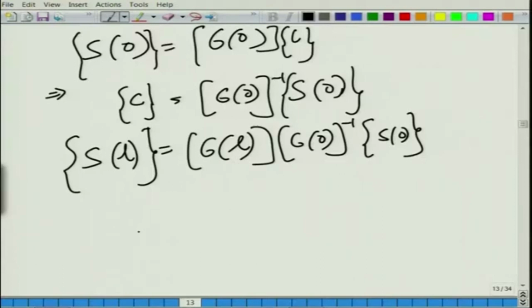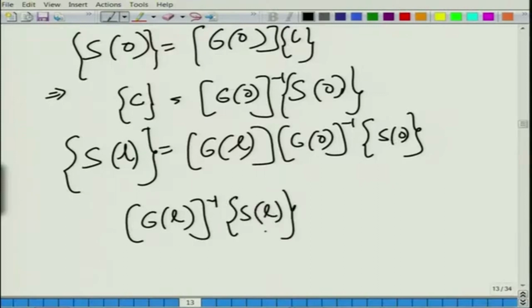Now, what we need to do is that if we were to pre-multiply this with G of L inverse times S of L, this would be a unity matrix, and then multiplying this again with G of 0 would give us S of 0.